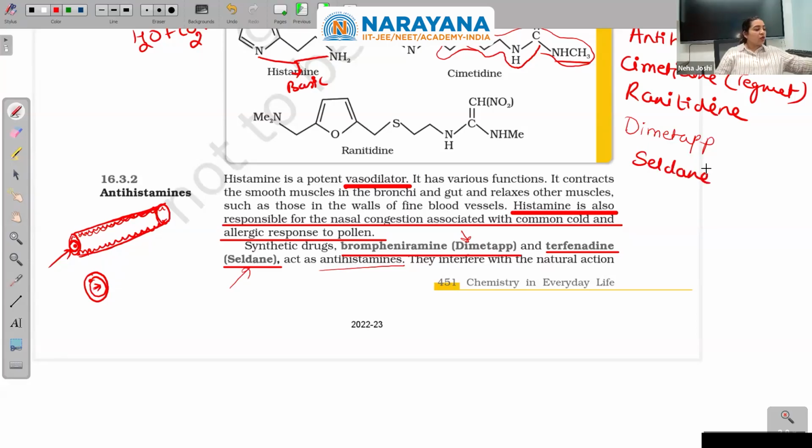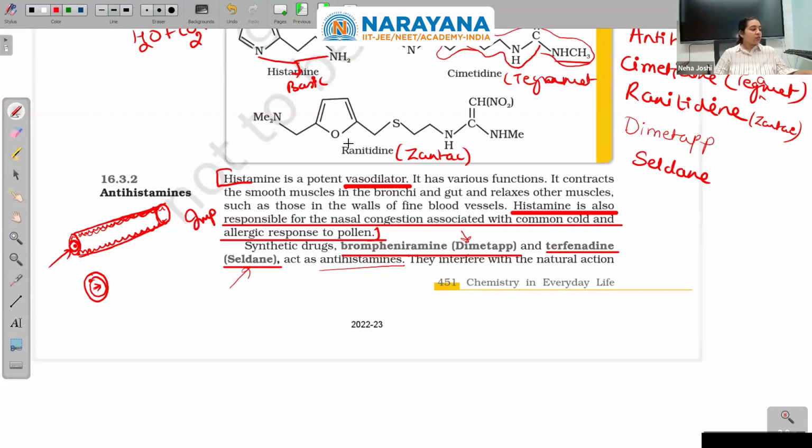These are also antihistamines. This was Zantac. This was Tagamet. So this is how they function. This whole paragraph is important.